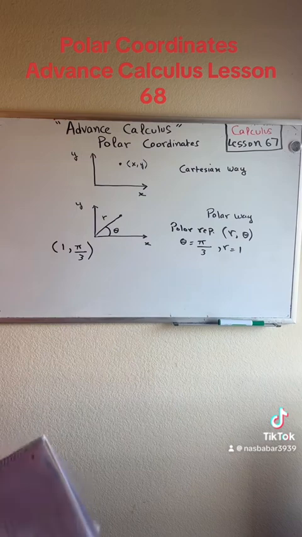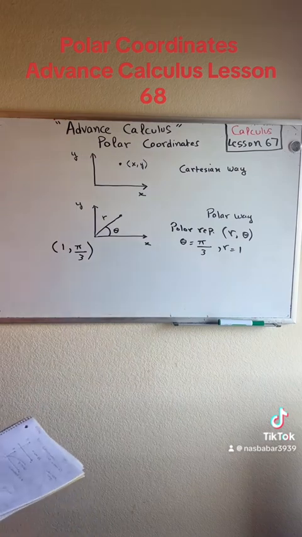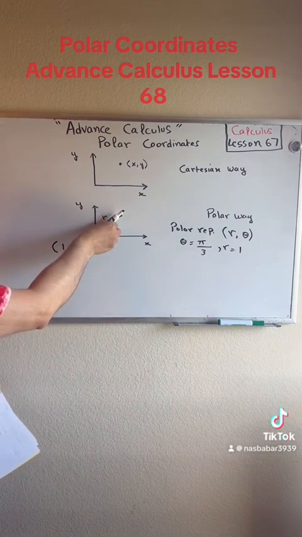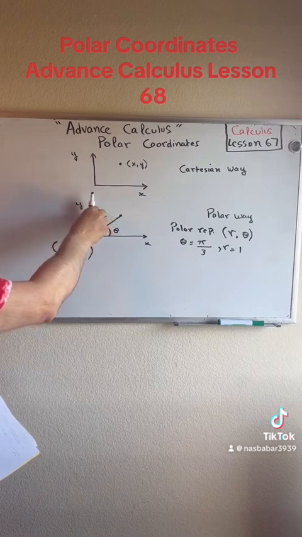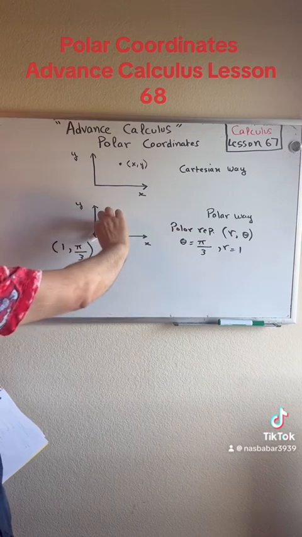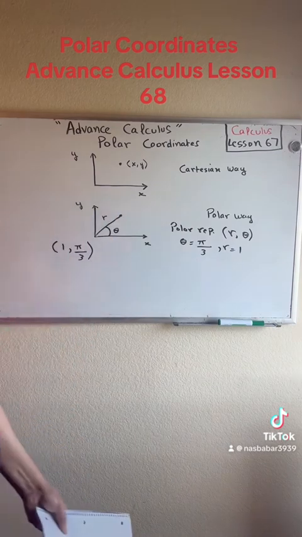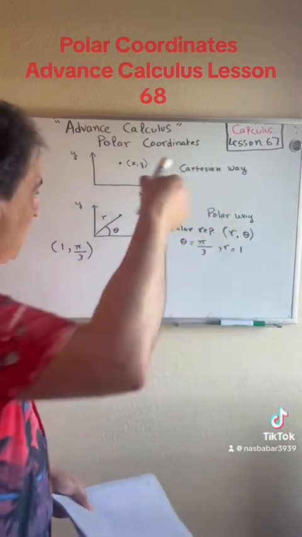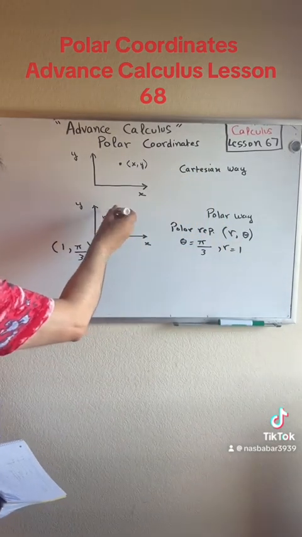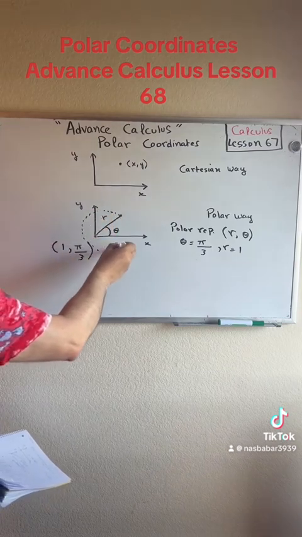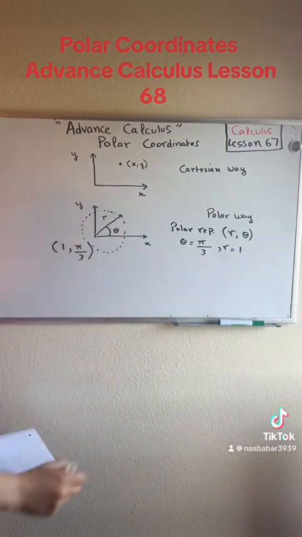Now let me ask you this. If I'm right here at 60 degrees, and I go around like this and come back to right here, what did I just do? I went around from right here, let me draw a dotted line, and then I came back.